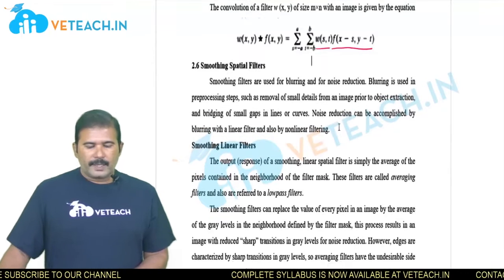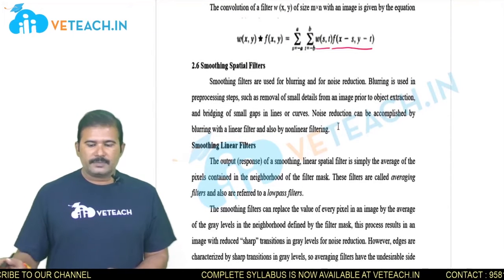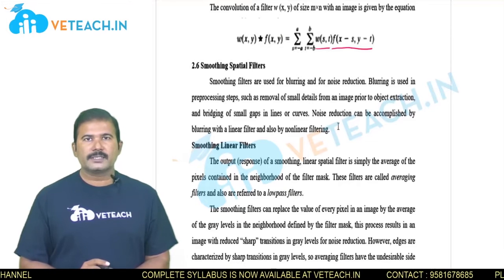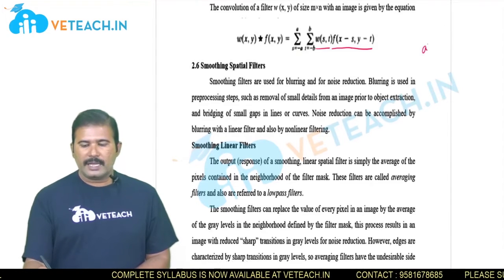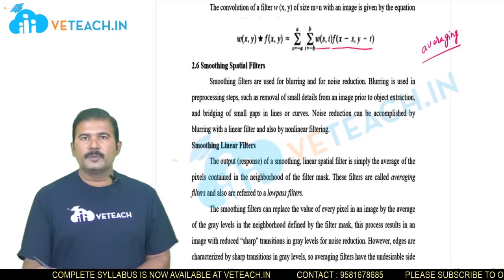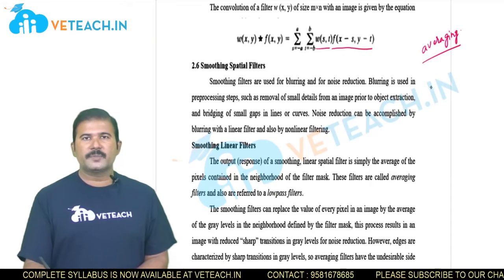This is the filter. The next category is the smoothing spatial filters. Smoothing is nothing but averaging. Another name for the smoothing filter is the averaging filter. Averaging means it performs the average of all the neighborhood pixels surrounding the center pixel x comma y.